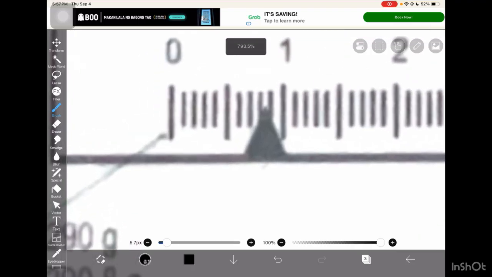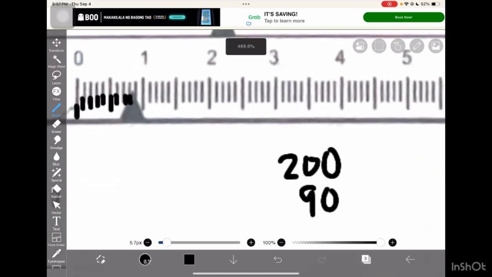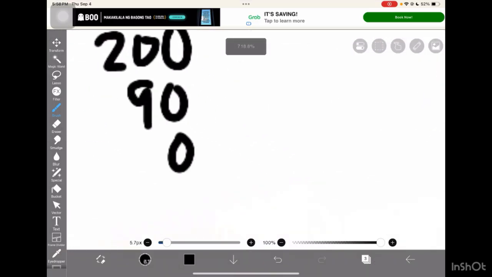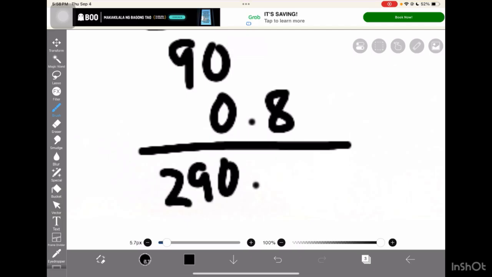So let's count. 0.0, 0.1, 0.2, 0.3, 0.4, 0.5, 0.6, 0.7. And as you can see over here, the line is in between 0.8 and 0.9. So let's just say 0.8. Adding all of them together, we got 290.8 grams.